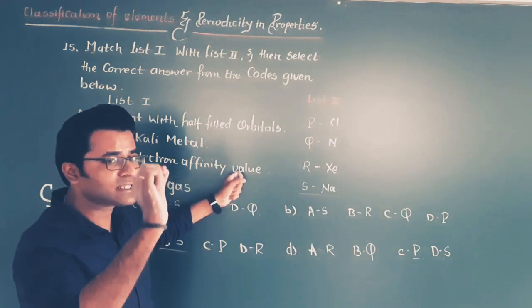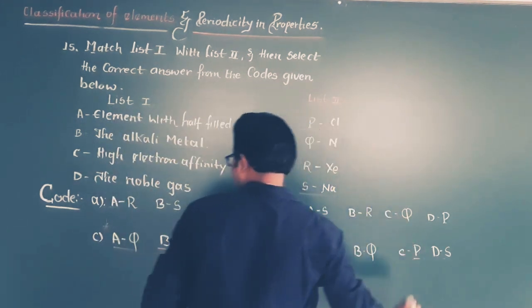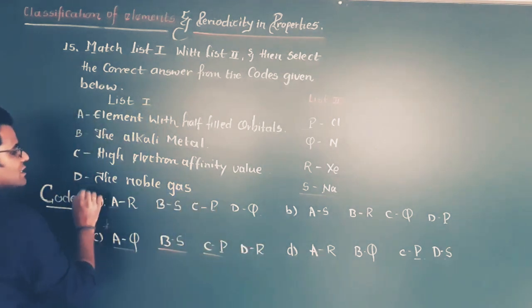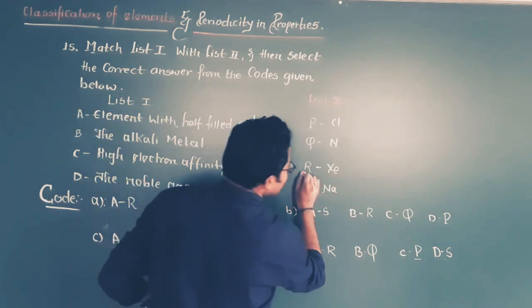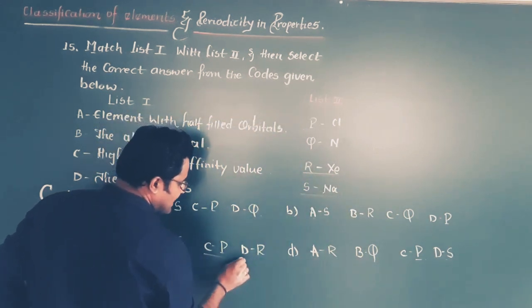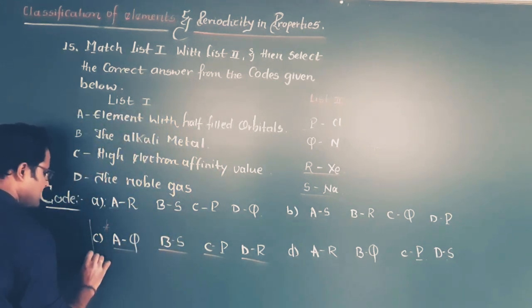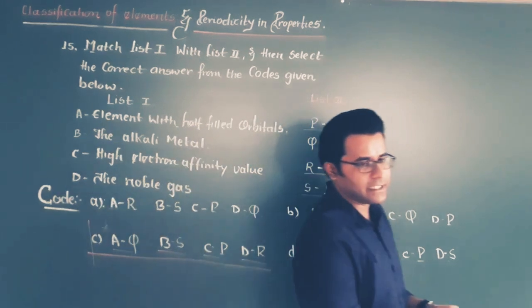The element with the highest electron affinity value is going to be chlorine. So therefore, C is P, right? So the last one, the noble gas element, that is xenon. So R, so D, R. So therefore, our answer here lies with the option C.